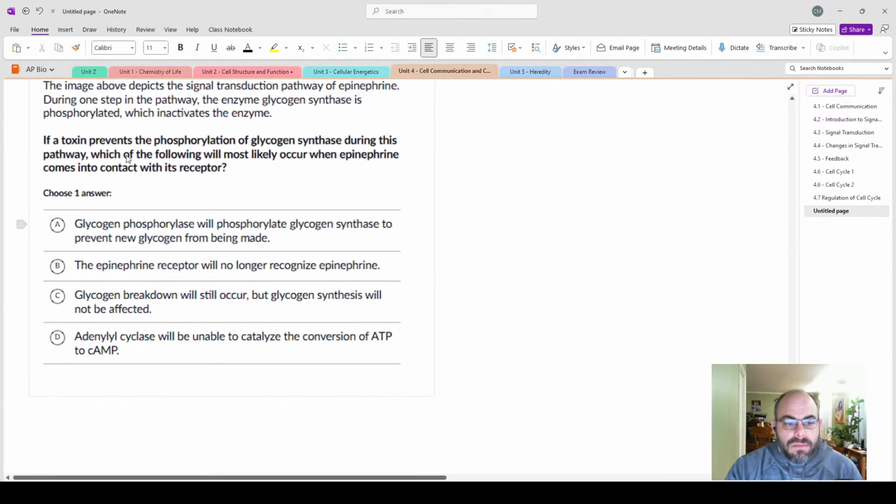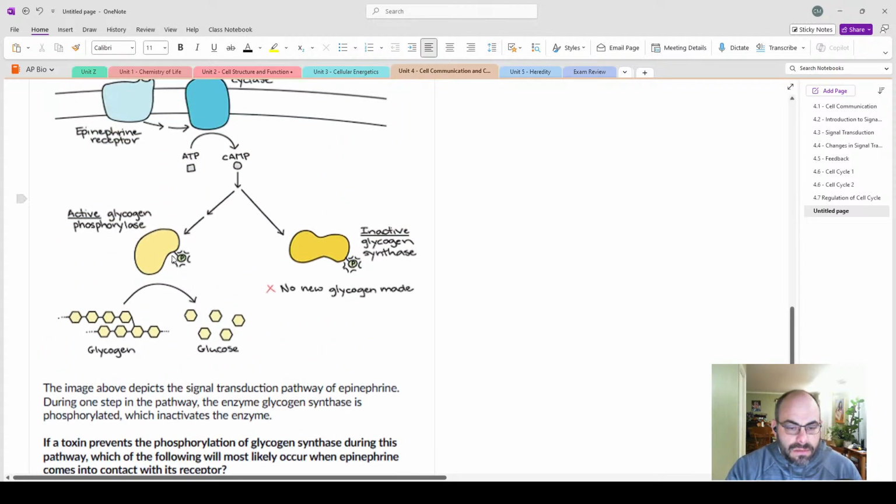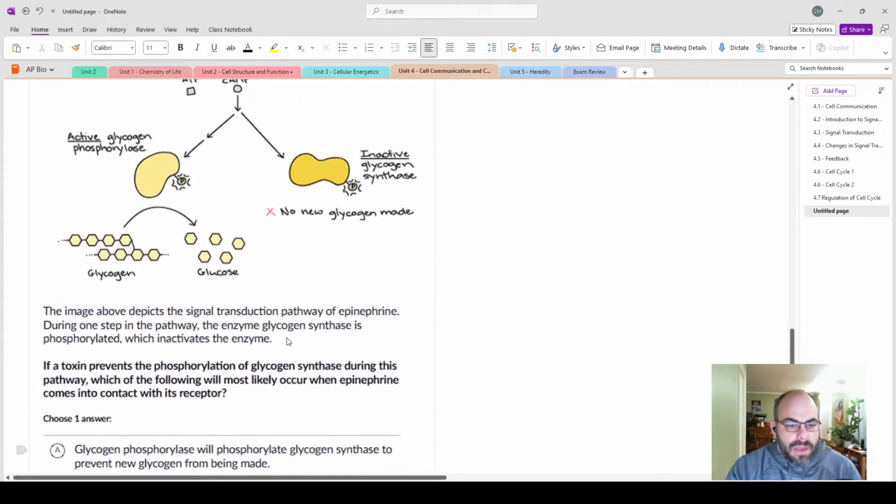If a toxin prevents the phosphorylation of glycogen synthase during this pathway, which of the following is most likely to occur when epinephrine comes in contact with the receptor? Okay. If a toxin prevents this from happening, then what is going to happen?